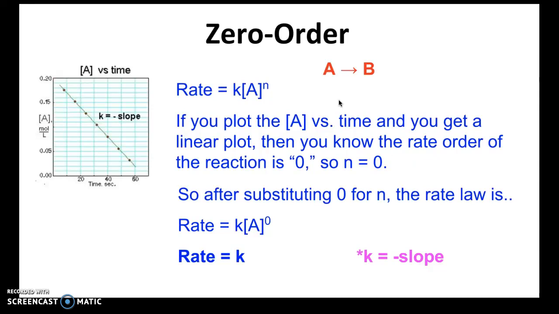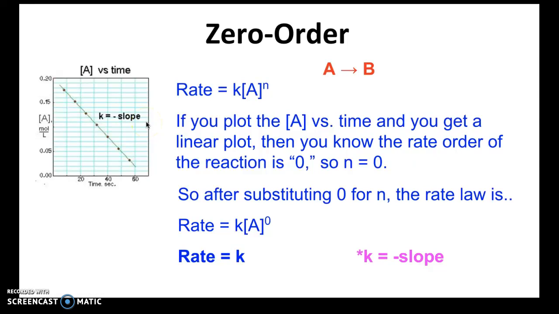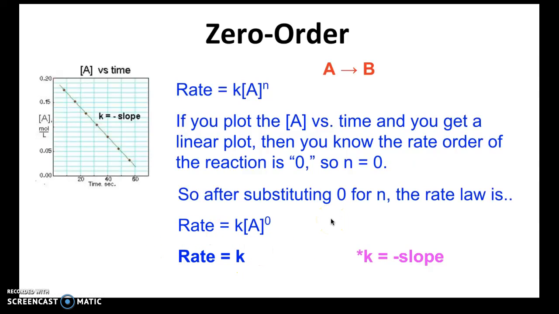All right, and after you substitute this number 0 for n, because anything raised to the 0 power is 1, you'll get that rate is equal to k. The other thing to note is that k will be equal to the negative slope. So both of these pieces of information will allow you to find both the rate constant, which is the negative slope, and to solve for the rate of the reaction.